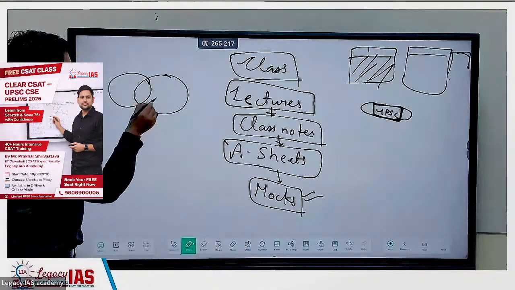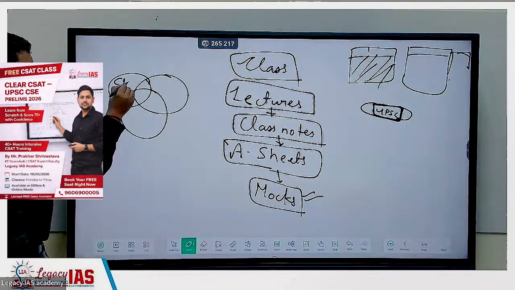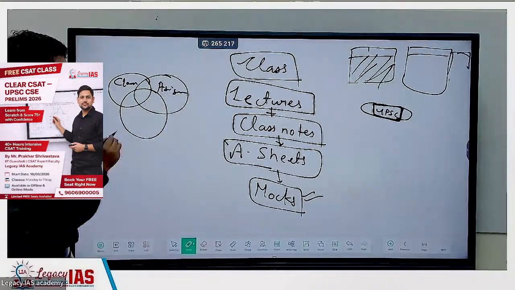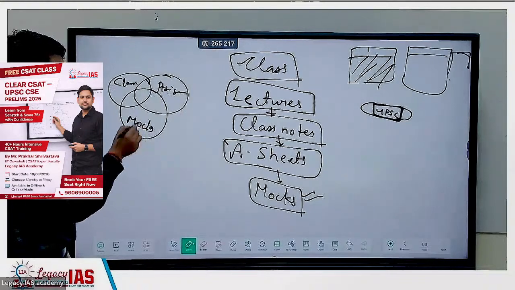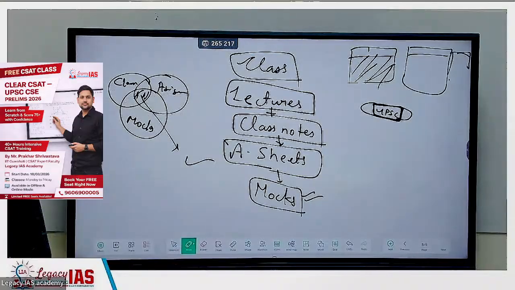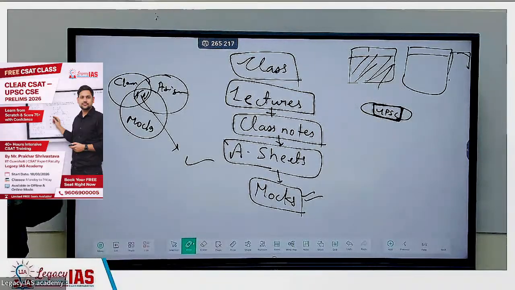These are the three main pillars of CSAT. First is your classes, second is your assignments, and third is your mocks. If you do all this, you would definitely clear CSAT. That's it. These are the three things that you should be doing and you will be done with it.